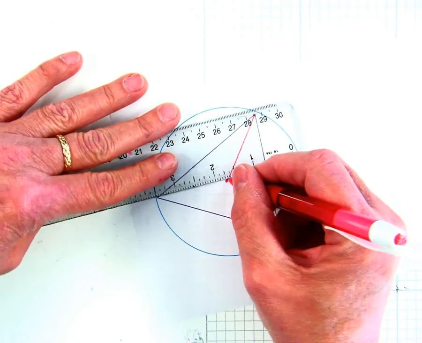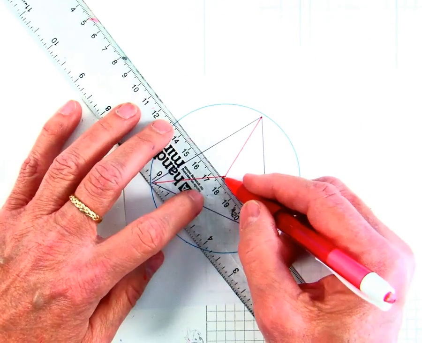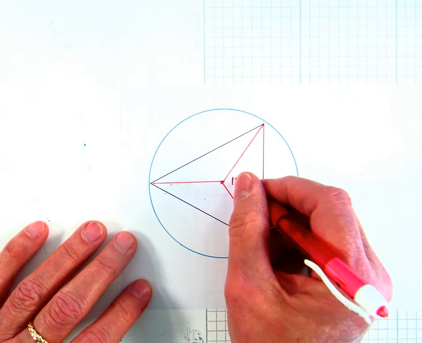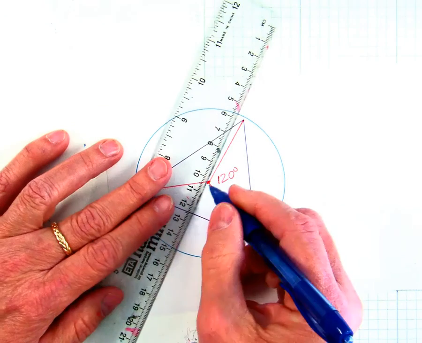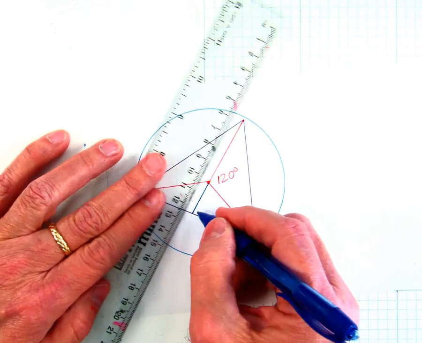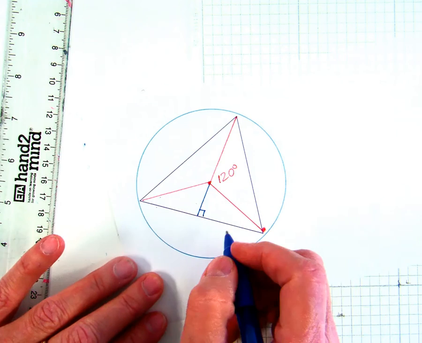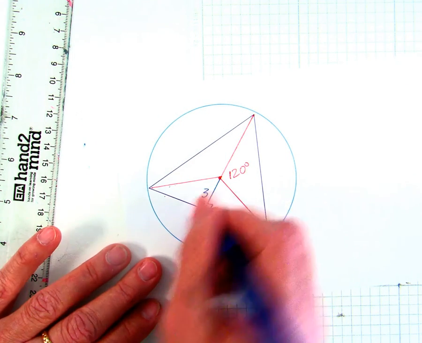I'll draw the radii. Notice that the central angle is 360 divided by 3, which is 120. I'll draw the apothem, the perpendicular distance from the center to the side. For this particular problem, I'm going to give you that the apothem's measure is 3.